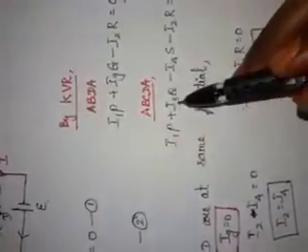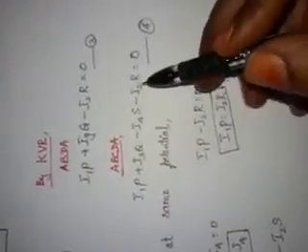What will you get? We get I1P plus I3Q. Instead of I3, I can write I1, so I am writing it as I1Q, minus I4S. Instead of I4, I can write I2, so minus I2S minus I2R is equal to 0.